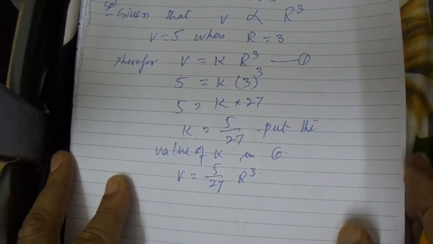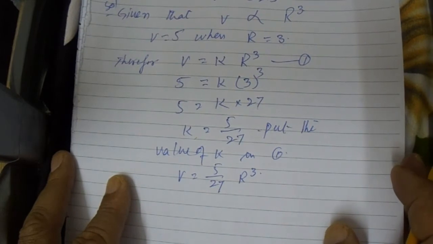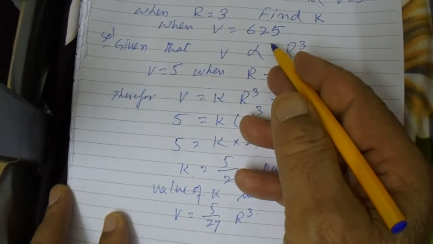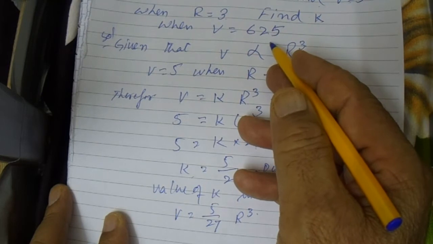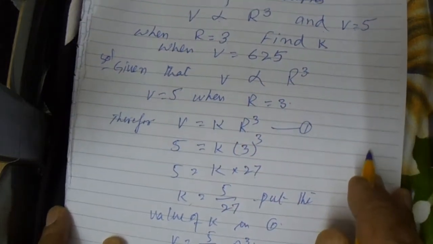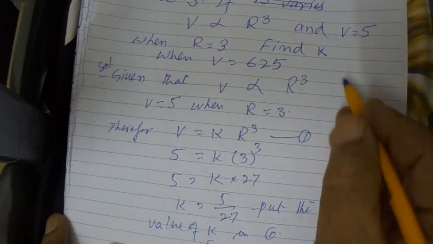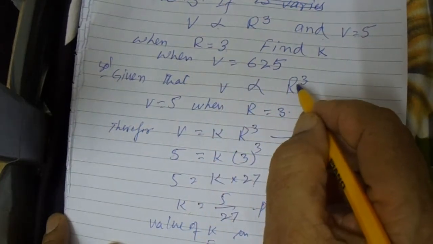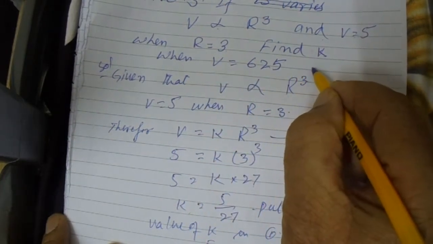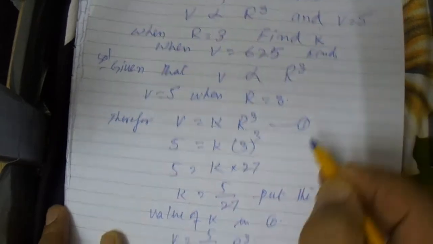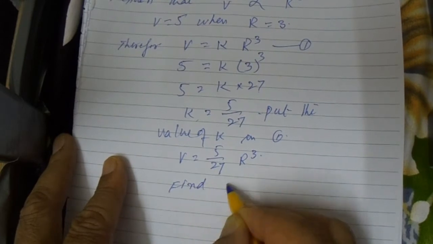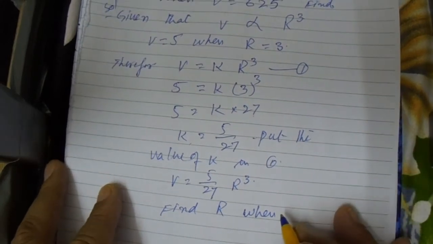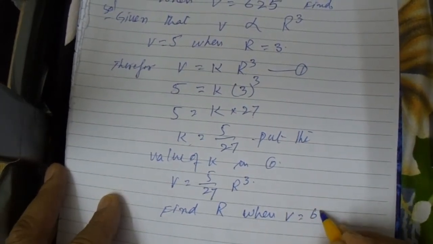The last part is to find R when V is equal to 625.